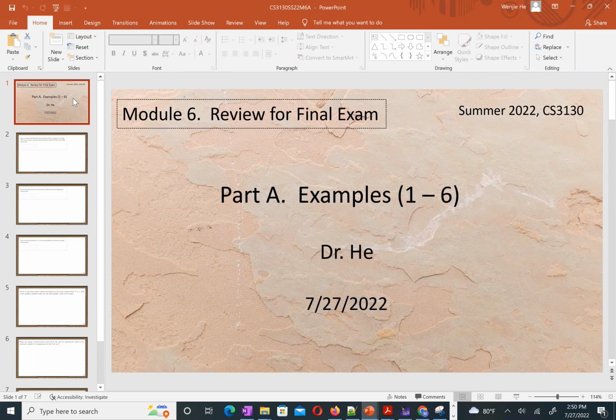Part B also 6 questions. Total 12 questions. Relatively hard questions. So let me explain the details. In our final, we have Part B, relatively hard questions based on these questions. Okay? Yeah. So I give you these examples. Then I modify a little bit. So then you can work on Part B of the final.